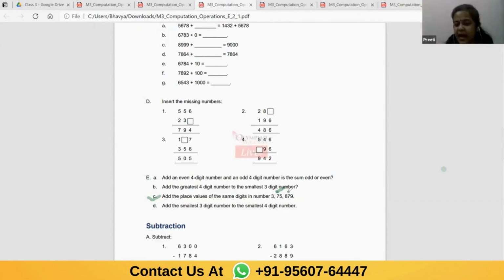Okay, this 7 has place value 7 tens, which means 70. And what is the place value of this other 7? Tens. No, child, how can both be tens? This one is 7 tens because it is at the tens place, right? And this 7 is at the 10,000 place. So this is 7 ten-thousands.